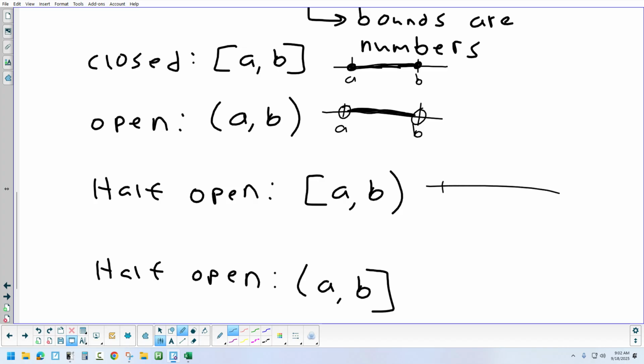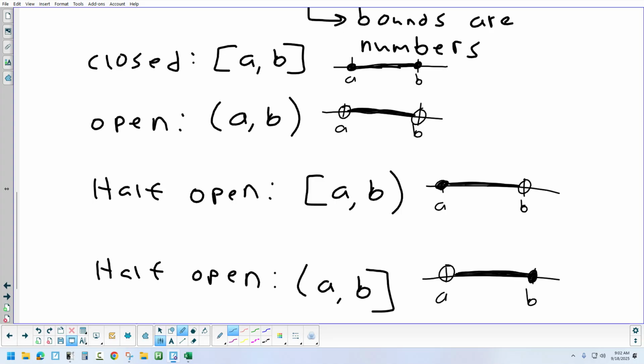This would be an interval where you close circle on A, open on B, shade between. And this would be one where we use open circle on A, closed circle on B, shade between. Those are the 4 different types of bounded intervals we can have.